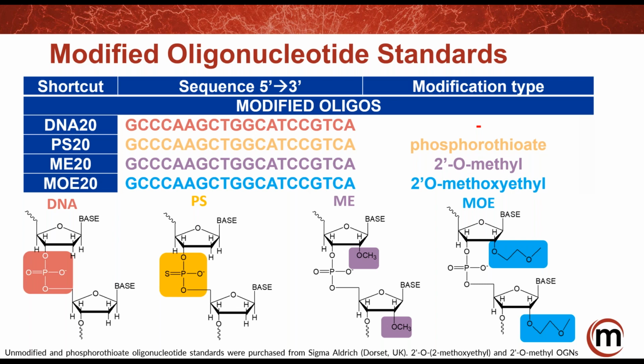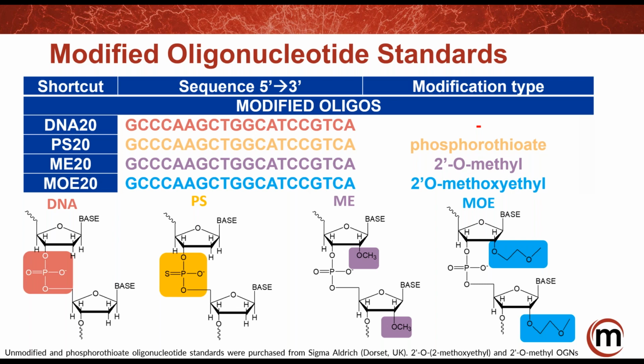You have 2'-O-methyl as the modification using the DNA backbone, and then you have 2'-O-methoxyethyl, which is a secondary modification. And so what they do is some of these modifications are to improve the half-life or possibly to improve bioavailability.